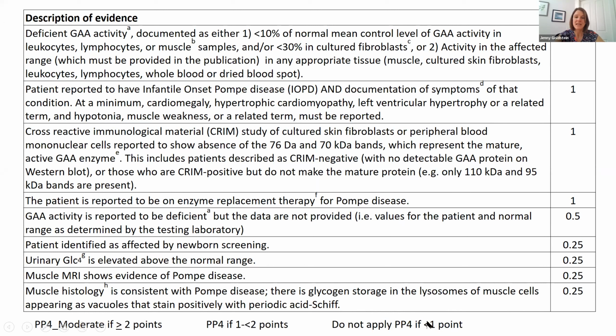And then less than 1 point, then you just don't apply PP4. But you could still apply PM3 if things were consistent with the disorder. So this has really been working out really well for us, I feel like, and it has somewhat balanced the reduction in strength for PM2 and PS3. So it's been working really well.